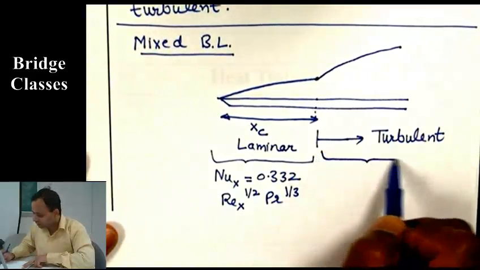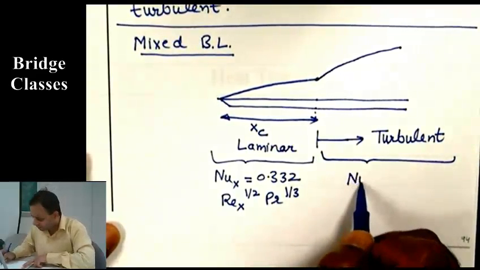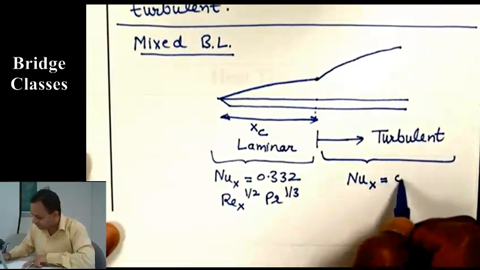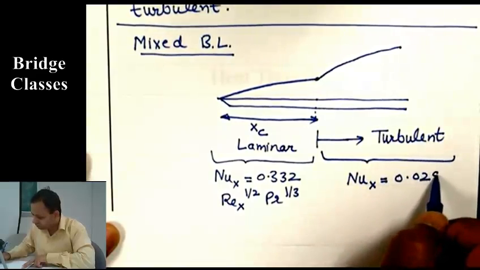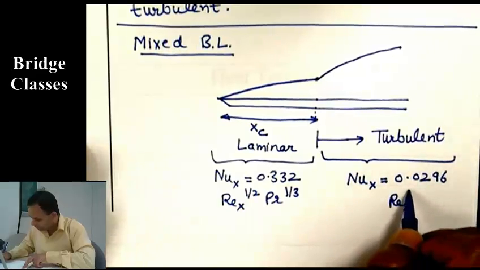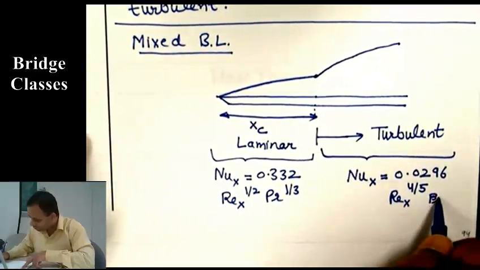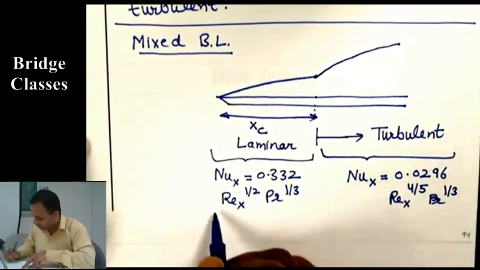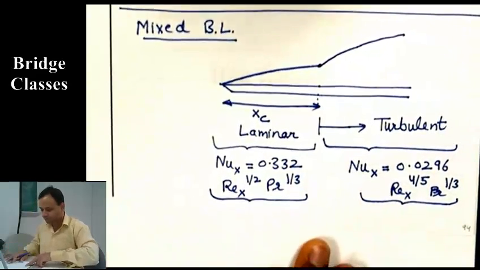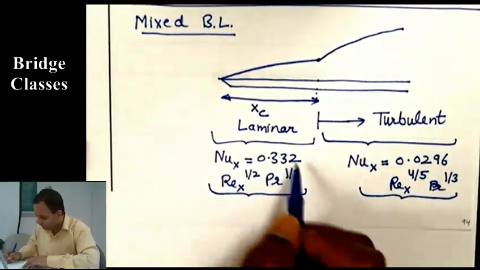And in the turbulent region, for local Nusselt number, the formula for the turbulent boundary layer is applicable, and that formula is Nusselt number equals 0.0296 times Reynolds number to the 4/5 times Prandtl number to the 1/3. These formulas have a range of Prandtl number in which they are valid.